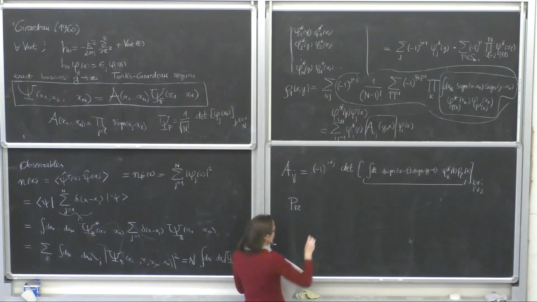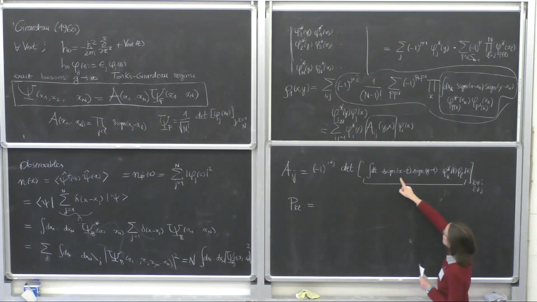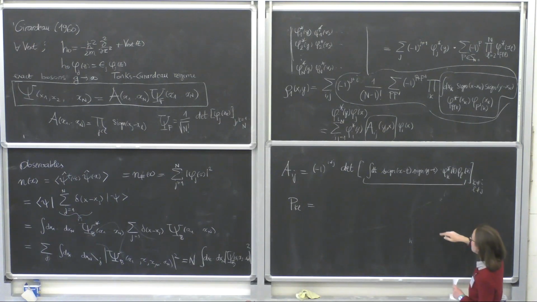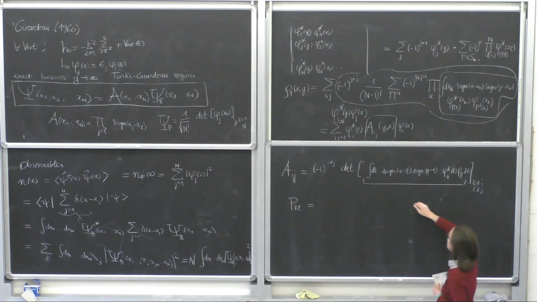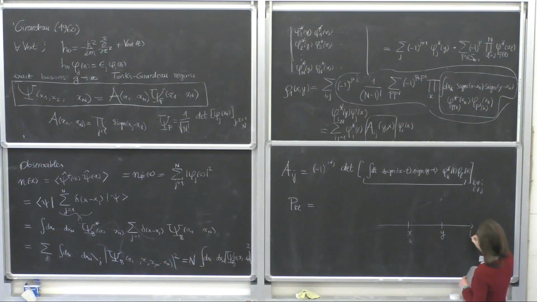And now you see that we can treat these two sine functions. The product of the two is something that can be, for example, I have here x, here y, and this is t.